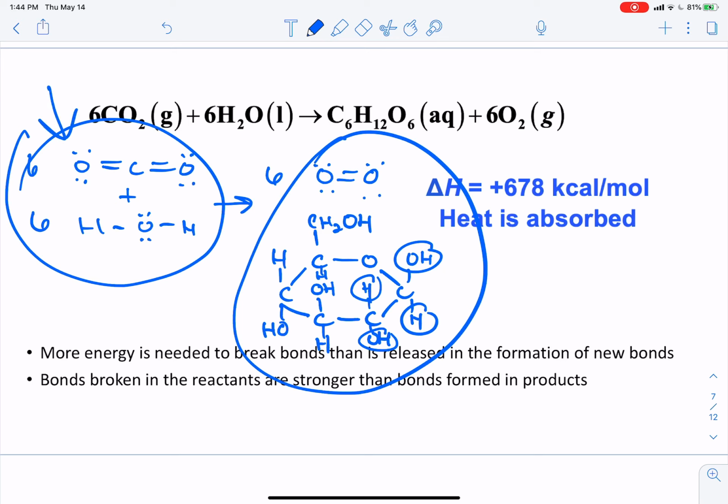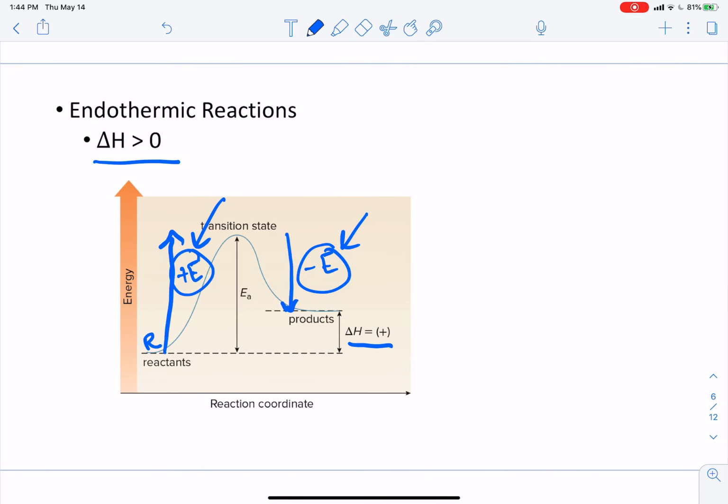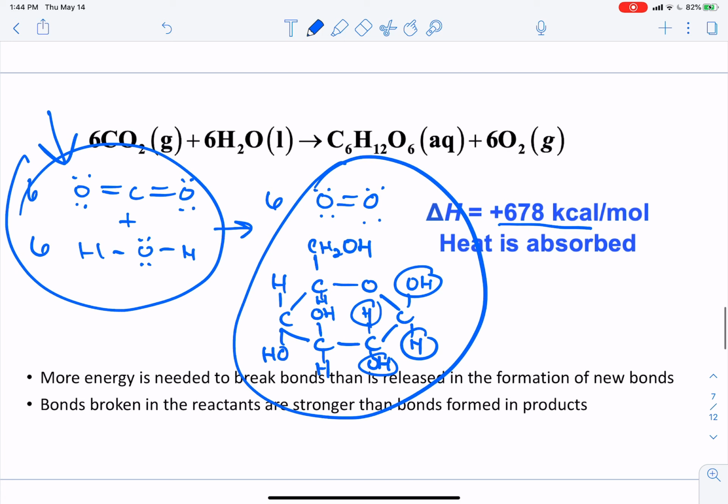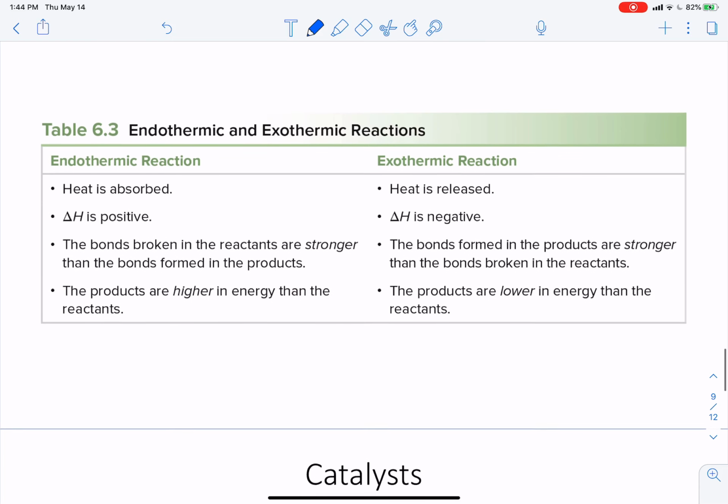So we have a net input of energy of 678 kilocalories per mole of our glucose that we're going to make. So we've got more energy going into the system than coming out, and so it looks like that. Lots of energy in, just a little bit out, and a positive delta H, which we see right there. Okay, so what happens when we add a catalyst into the equation?